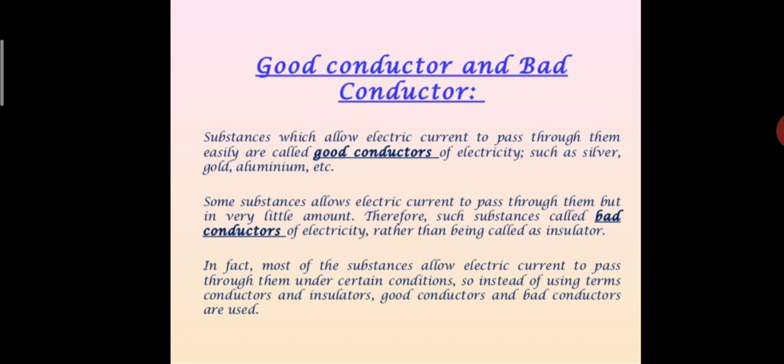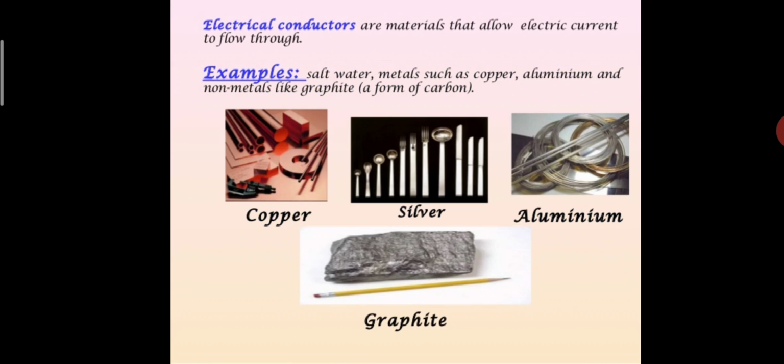In fact, most substances allow electric current to pass through them under certain conditions. So instead of the terms conductors and insulators, the terms good conductors and bad conductors are used.